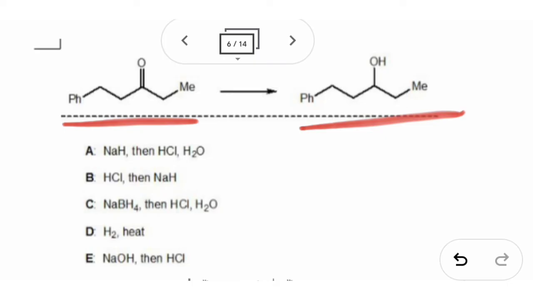So let's check our answers. A is not the correct answer because we do not have either lithium aluminum hydride or sodium borohydride. But when you go for C, we have sodium borohydride, then we have HCl and water. So this is the correct answer. If we have these reagents, we can convert this given ketone into an alcohol.